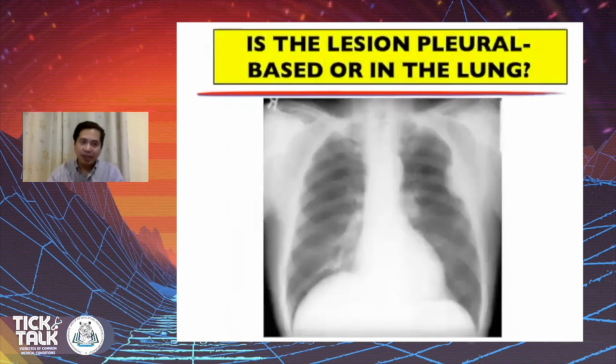So now we go to this question: is the lesion pleural based or in the lungs? If we try to outline the mass, and it is an obtuse angle, which means it's more than 90 degrees but less than 180 degrees, it's usually pleural based.